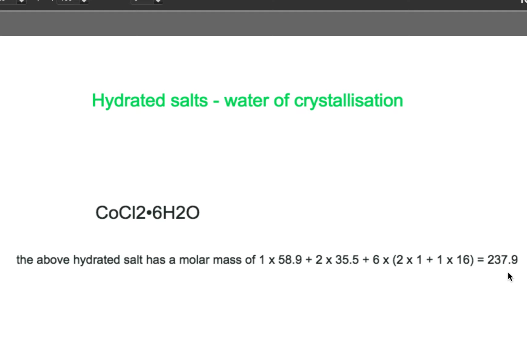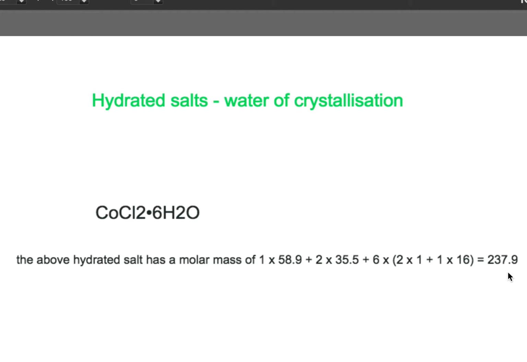So how would they test you on this? Sometimes they would tell you what the formula is and give you the mass of the substance before heating, and you need to figure out the mass after heating.